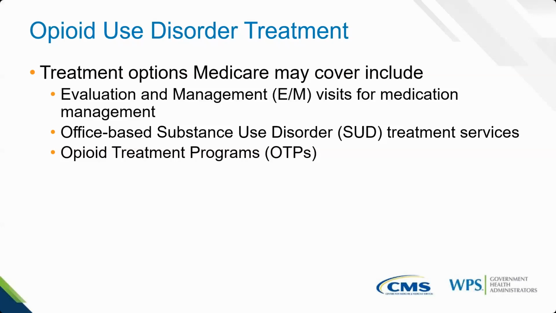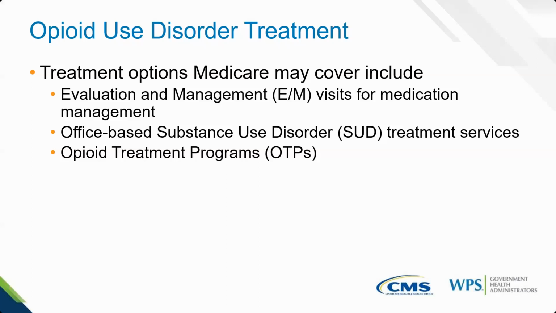And then our third is opioid treatment programs, or OTPs, and these are a more comprehensive treatment method. Just a little bit of background, and we will talk more about them in our next few slides, but these provide medications for opioid use disorder, for example methadone, buprenorphine, and naltrexone, for patients that are diagnosed with opioid use disorders.